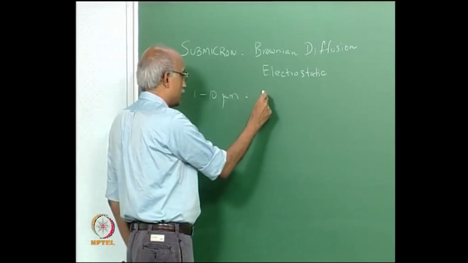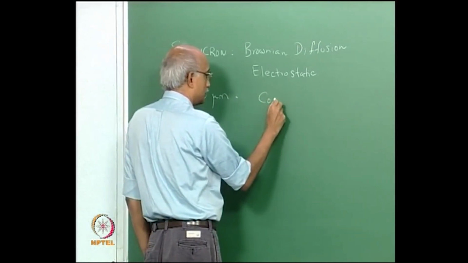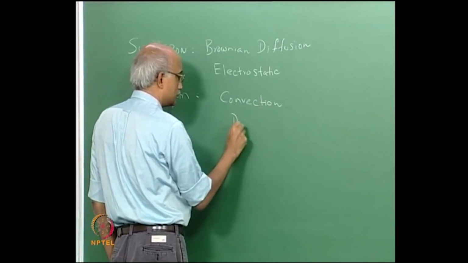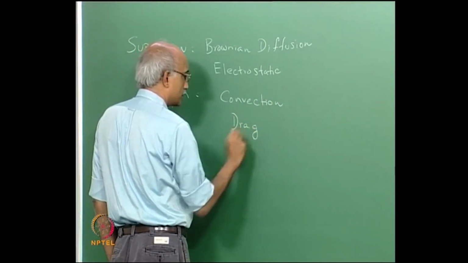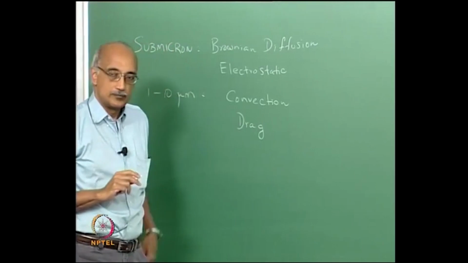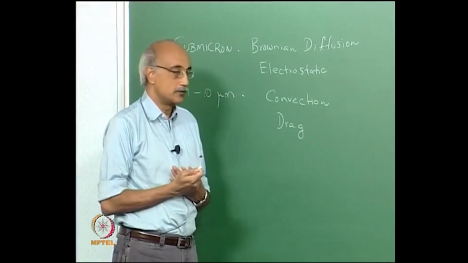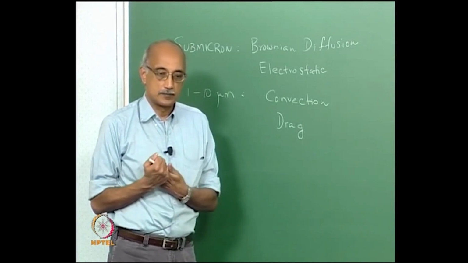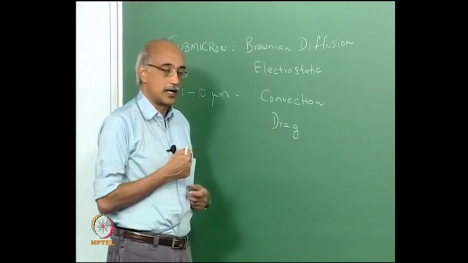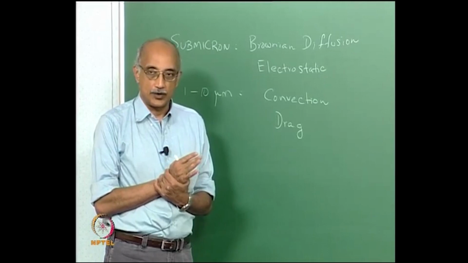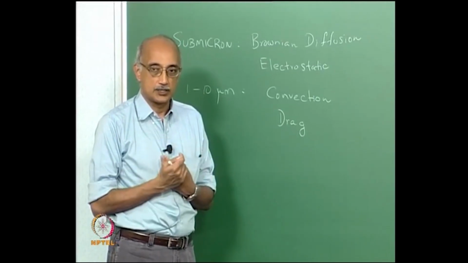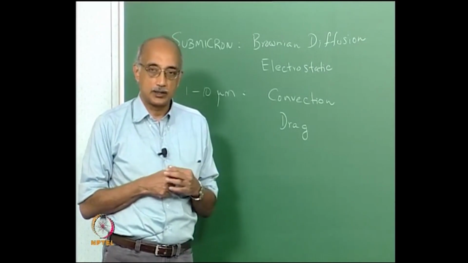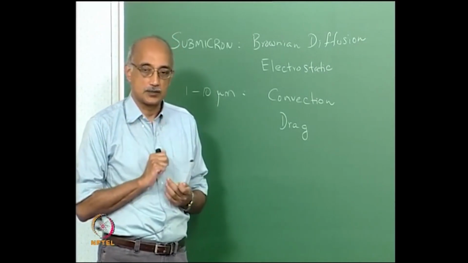So in this size range, convection and drag become important forces, and here we are talking about forced convection as well as natural convection. And of course, drag can happen in the very low Reynolds number range or in a higher Reynolds number range, but all of these are particularly applicable to particles that are in an intermediate size range.